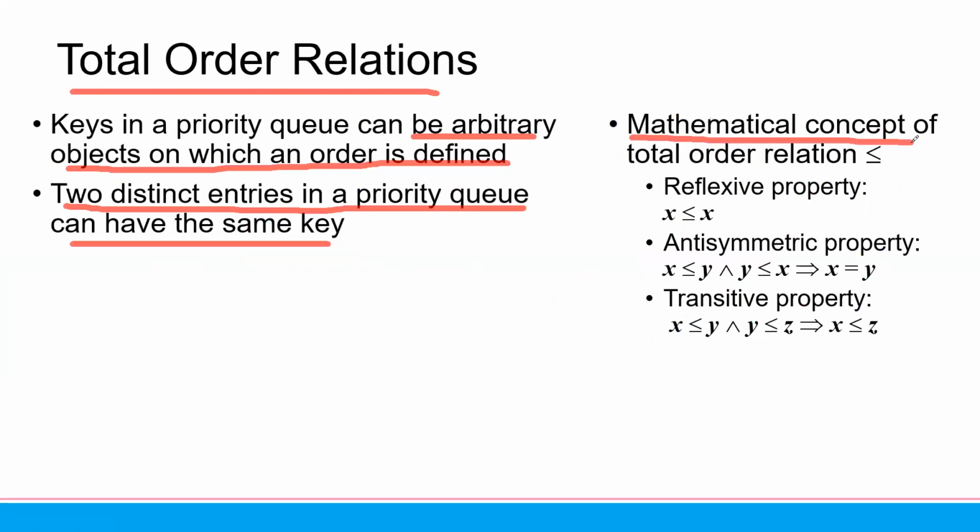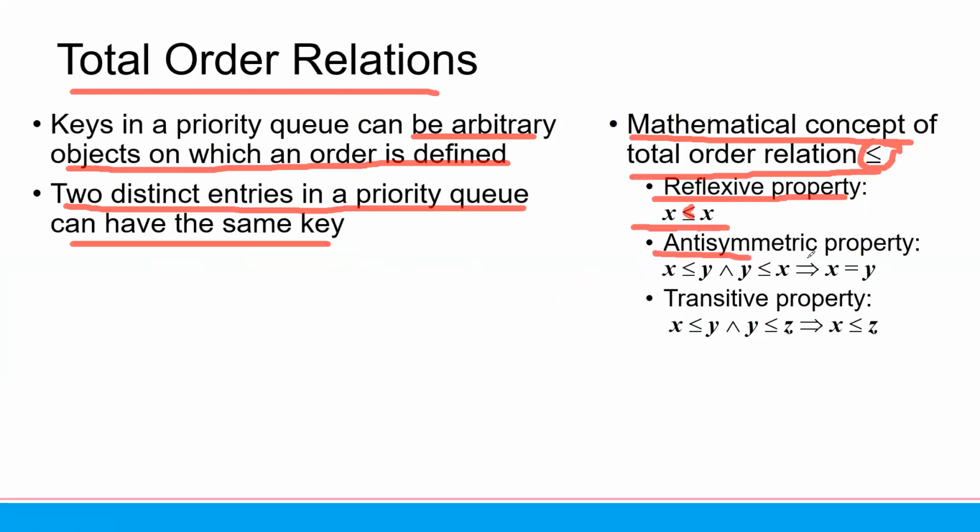The mathematical concept of the total order relation tells us which comes first. The reflexive property means that if x is first than x, then both of them are the same.